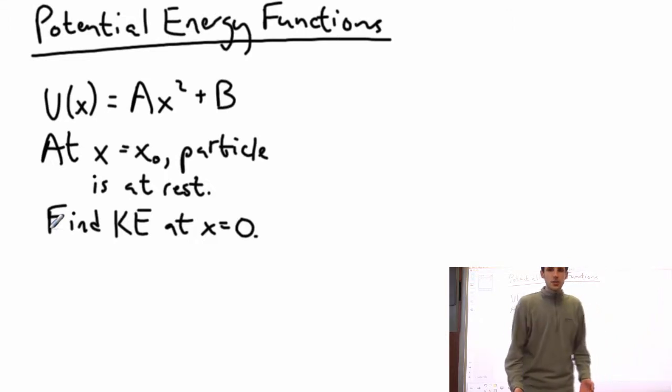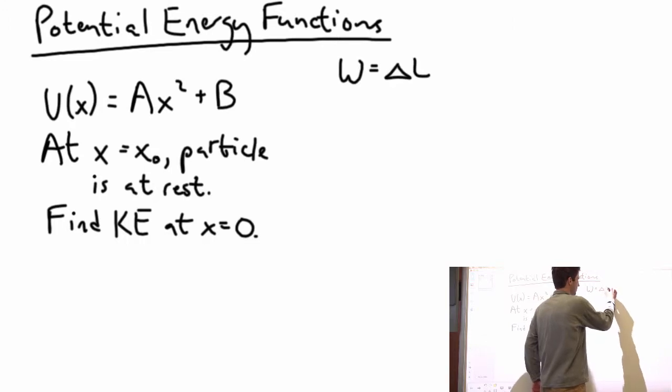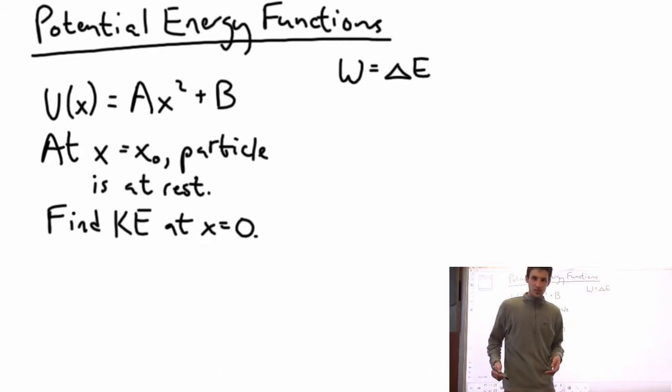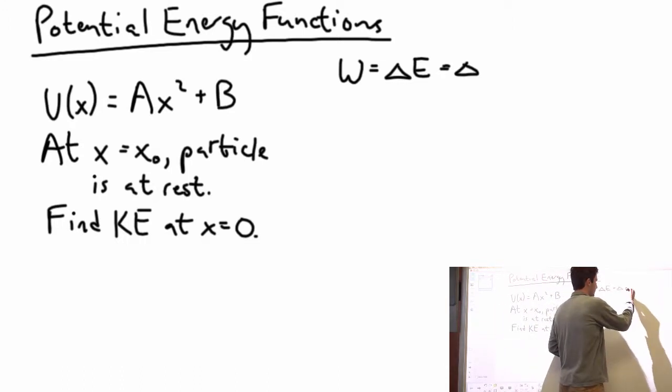So with that in mind, we can write out the work energy theorem. Work equals change in energy. If I say my system is everything, this potential, whatever's causing it, and the particle, then that reduces down to change in kinetic energy plus change in potential energy.